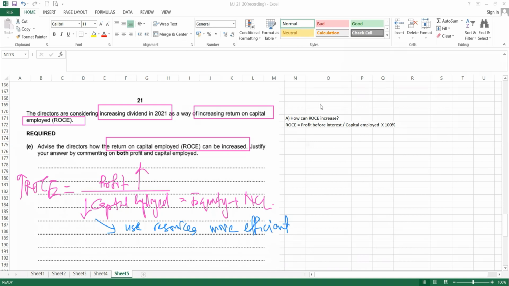So now we write down the answer for it here. Increase. Let me put in the sentence. By increasing profit for the year, ROCE can increase.